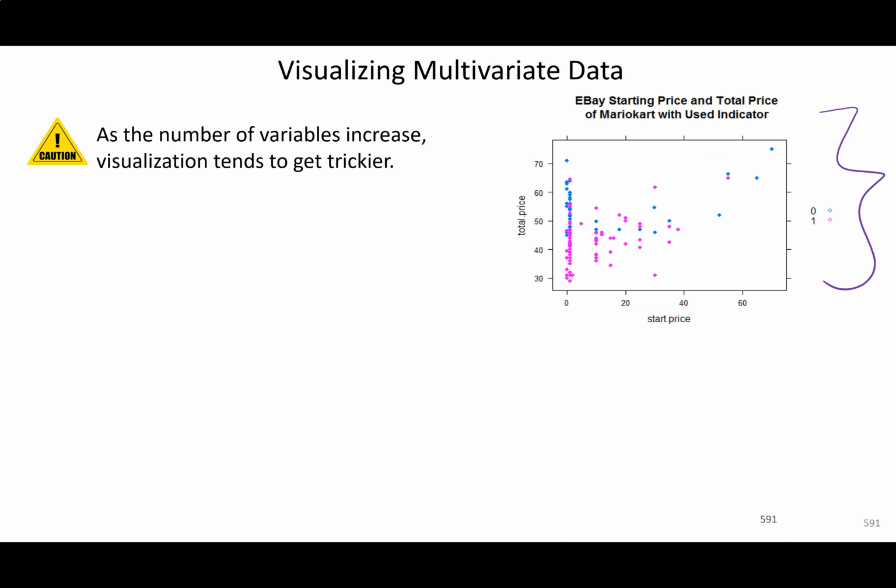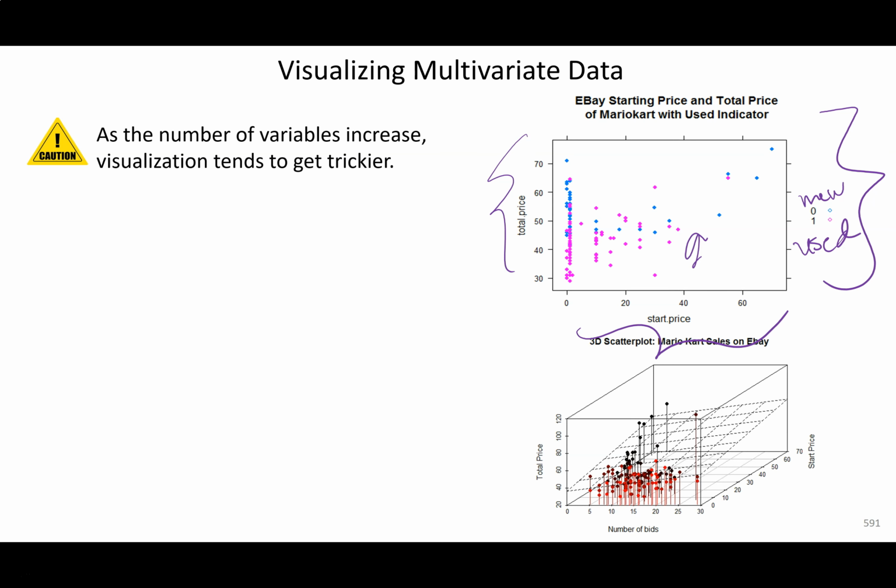I believe it's used versus new. I would guess that 0 is probably new, 1 is probably used. We'll double check later. That kind of idea. So they have it sectioned by color. So we have pink and we have blue, as well as we have the starting price and we have the total price.